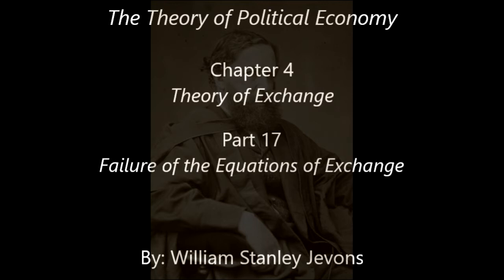Now let us assign the symbols as follows: U1 equals the utility of A's book to A, U2 equals the utility of A's book to B, V1 equals the utility of B's book to A, and V2 equals the utility of B's book to B. Then the conditions of exchange are simply V1 is greater than U1 and U2 is greater than V2.